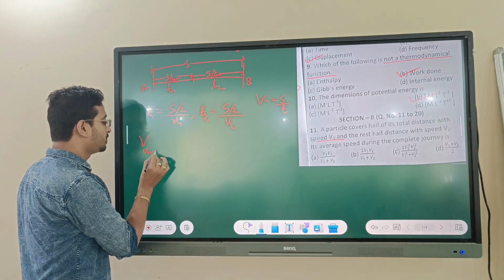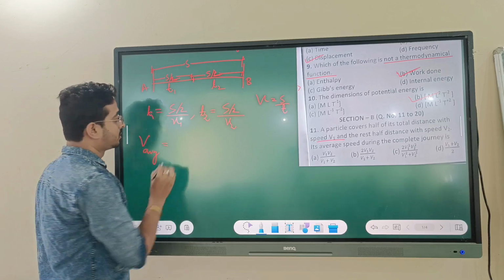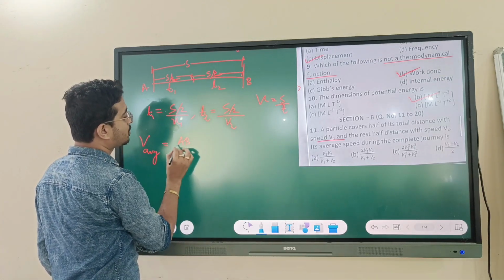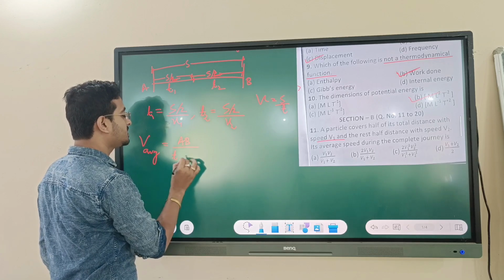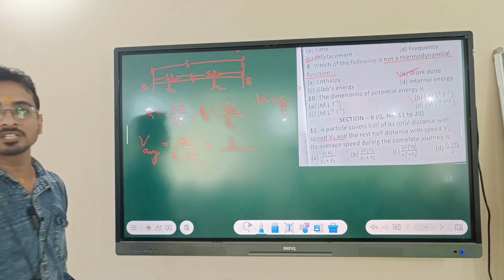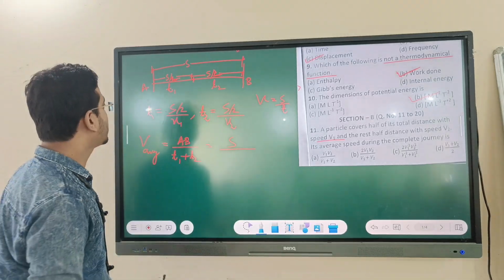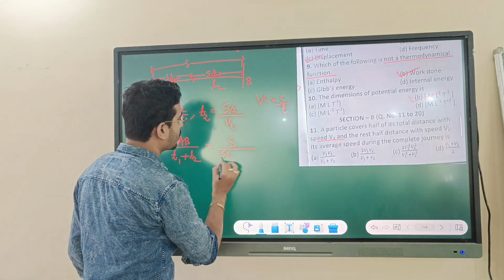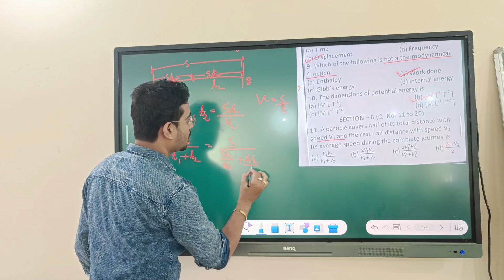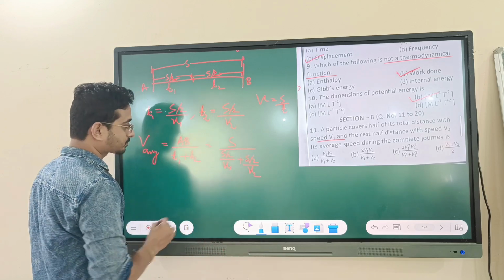Average velocity v average will be equal to total displacement, which is AB, which is equal to s, divided by total time taken, that is t1 plus t2. AB is equal to s by 2 plus s by 2, that is equal to s, and the time is s by 2v1 plus s by 2v2.